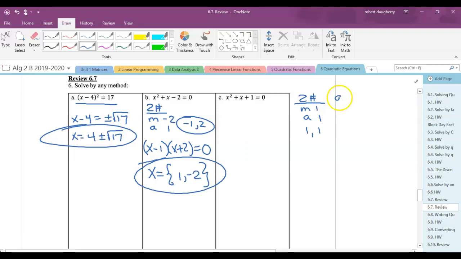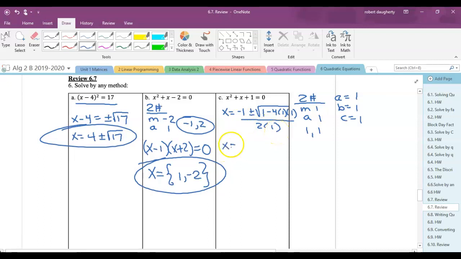If I'm using quadratic formula, a is equal to 1, b is equal to 1, c is equal to 1. So x equals negative b plus or minus the square root of b squared, which is 1 squared, minus 4ac, all of that over 2a.